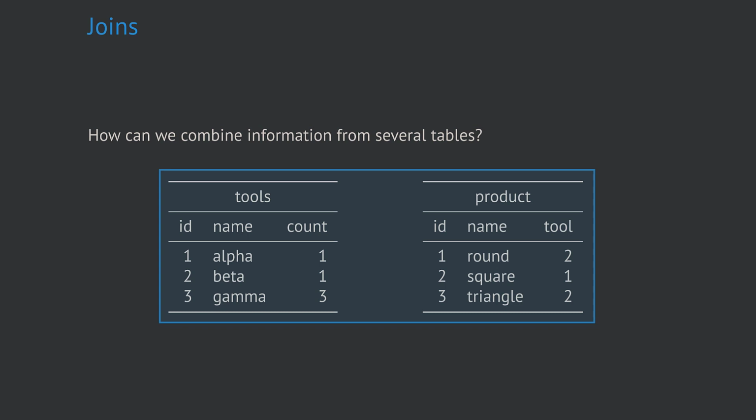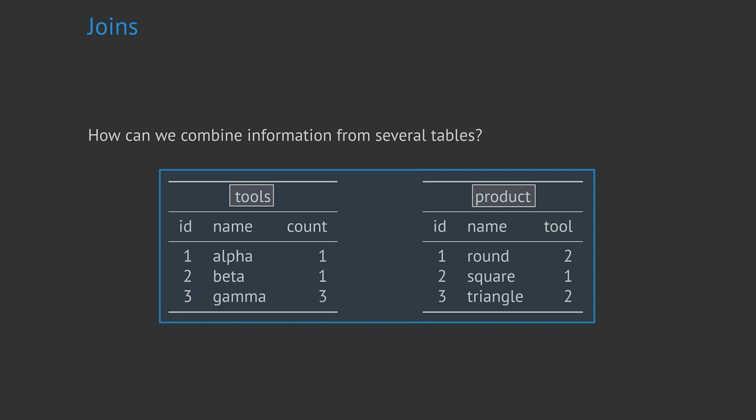In order to illustrate this concept to you step by step, we use a very simple database which only consists of two tables. They are called tools and products. The table tools only contains three columns: ID, name, and count. It also only contains three datasets: 1, alpha, 1; 2, beta, 1; and 3, gamma, 3.